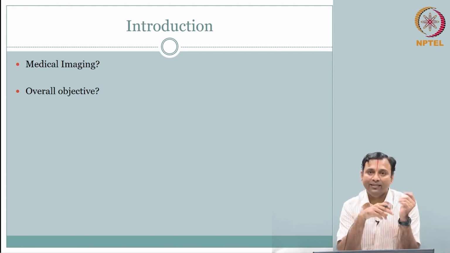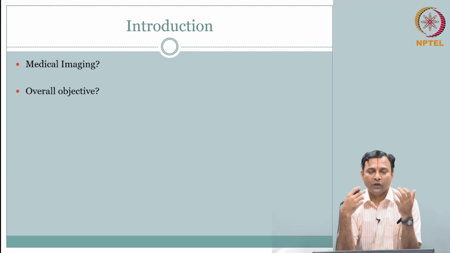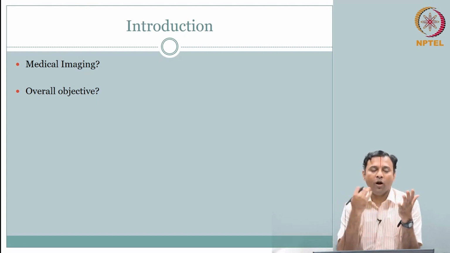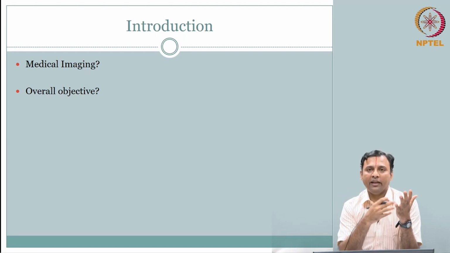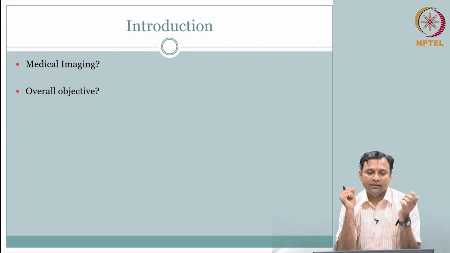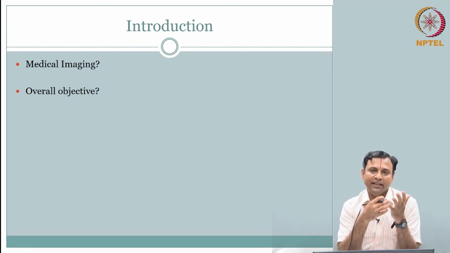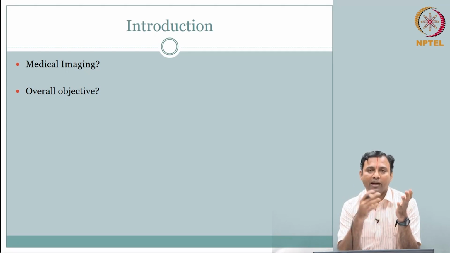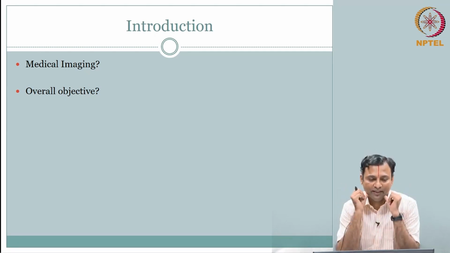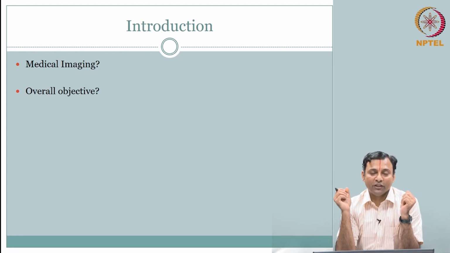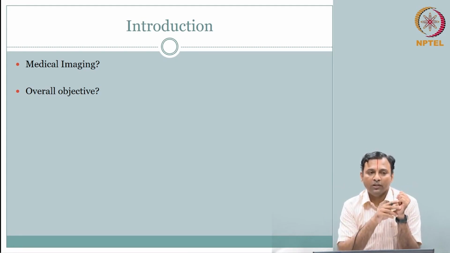So he is seeing a human body and making a diagnosis. Whatever he is seeing, instead of just seeing, you could take a camera and do it. So that's fine, right? So it is medical imaging. If you are wondering, yes, it is medical imaging. So it fits what we talked about. So it is complete.